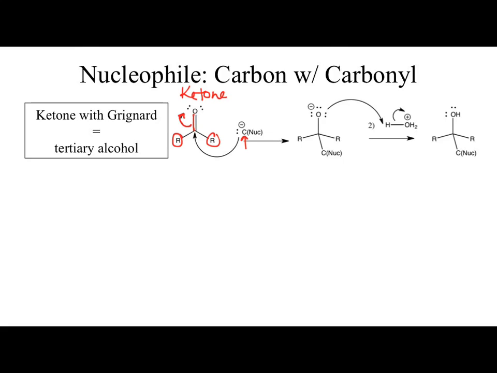Okay? So the oxygen just gained a pair of electrons, which means it's now negatively charged. The carbon, what happened to the carbon? It lost electrons, so it should be positive, but there's no formal charge there. What else happened to the carbon?